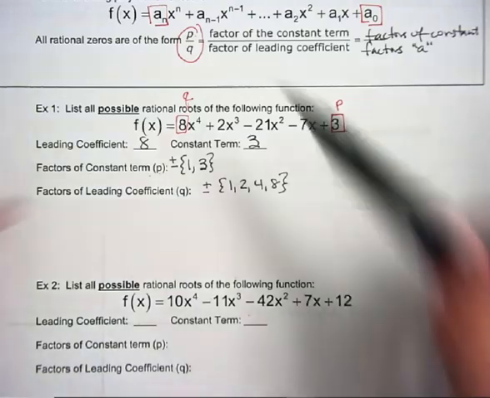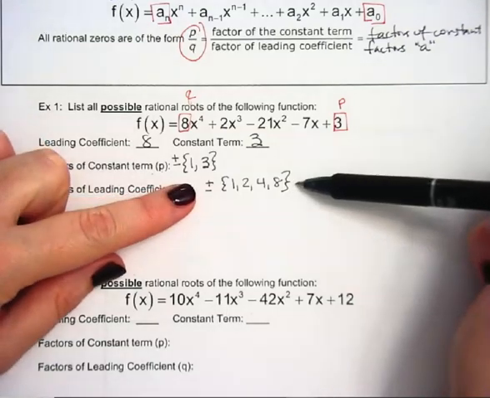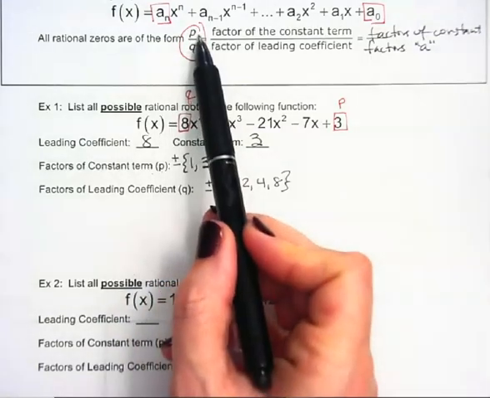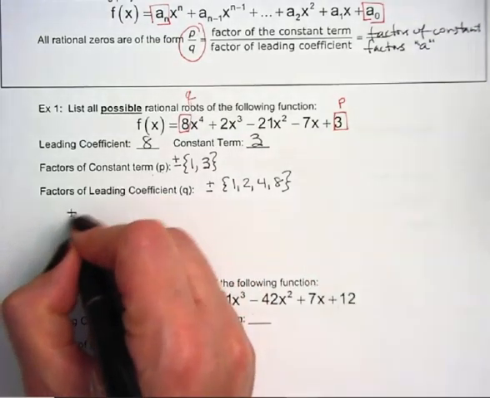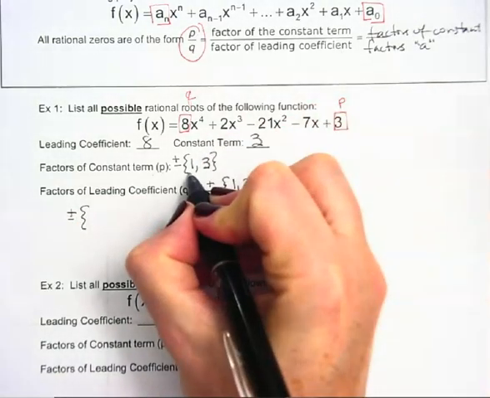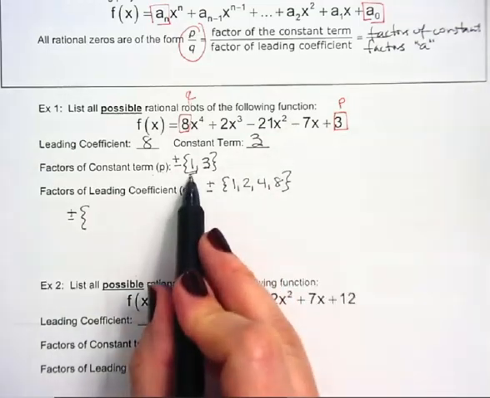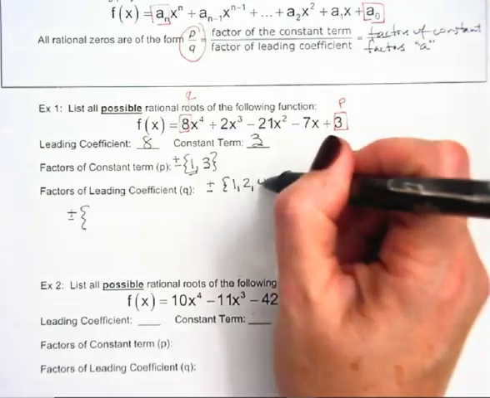So now that I have my factors of the p, or constant, and factors of the q, or the leading coefficient, we're going to create all the combinations p over q that we can come up with. I like to take the first factor for my p and match it up one at a time with all the factors of the q.